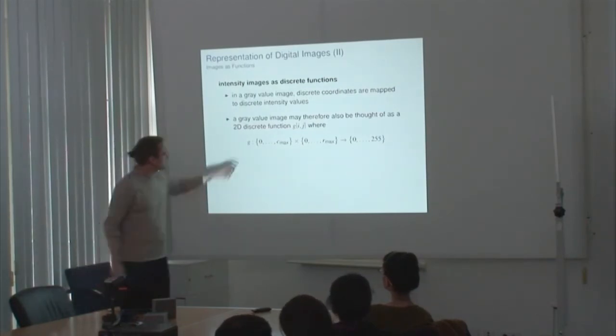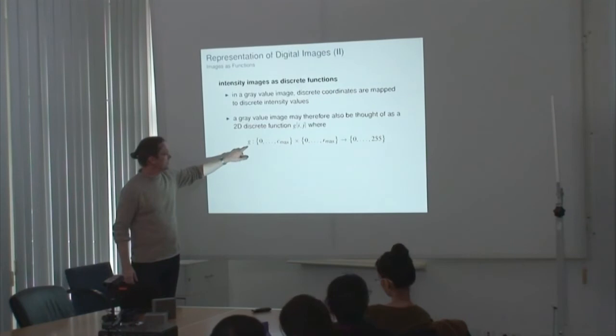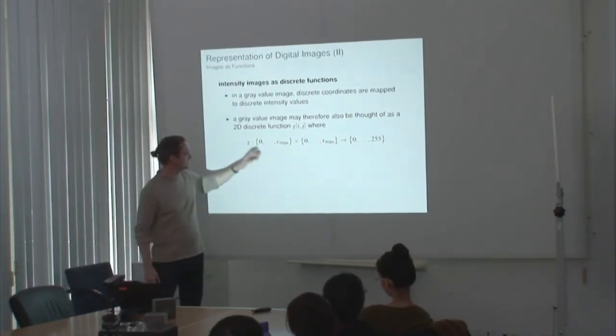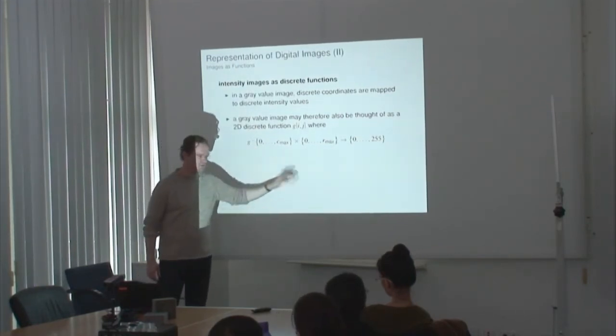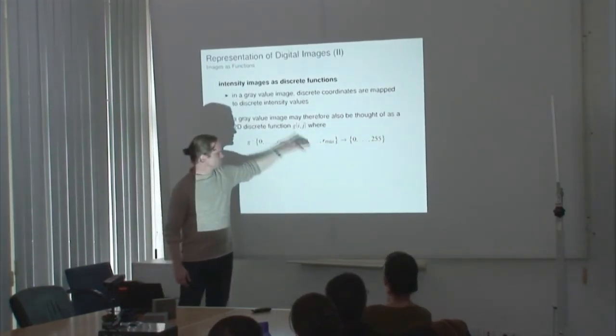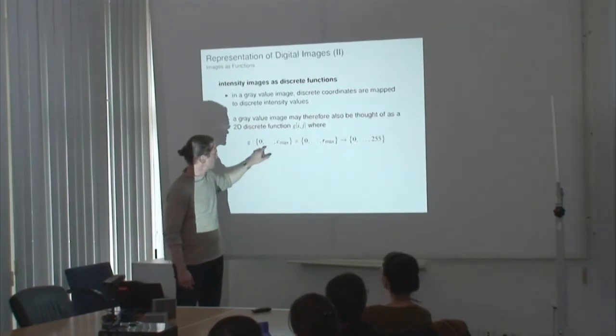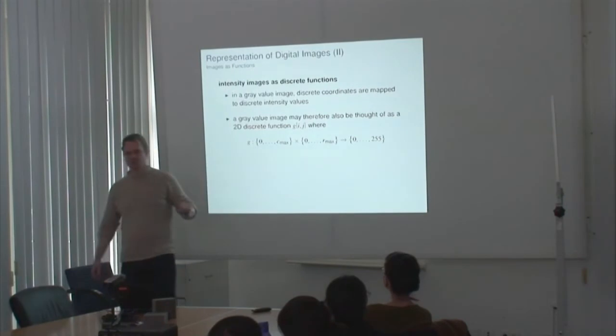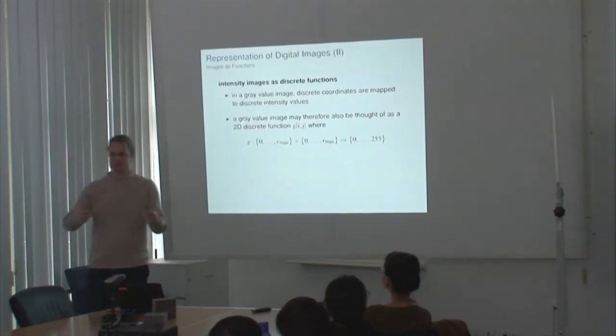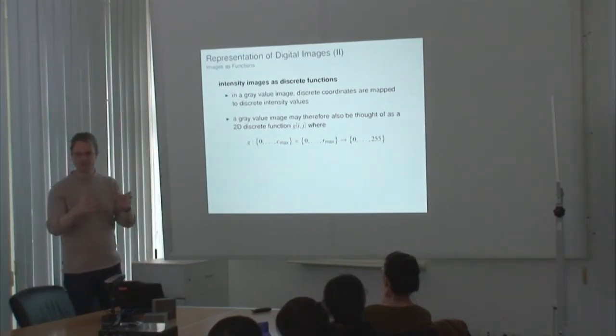We can think of an image as a function that takes two input arguments. One is the column index in this case, and the other is the row index. And it maps these two numbers to a third number, which is the intensity or color value at this location.